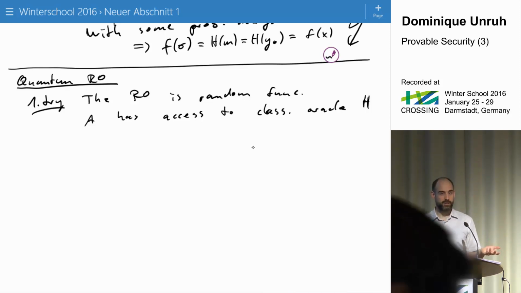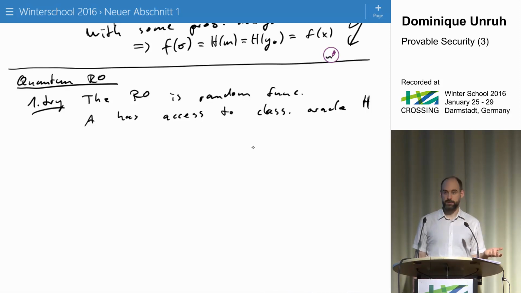So if in the random oracle model we forbid superposition access, we let the adversary only act classically, he cannot do that, and we have a big mismatch that goes beyond the unsoundness that we already know.